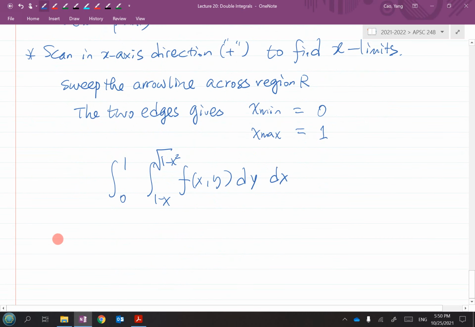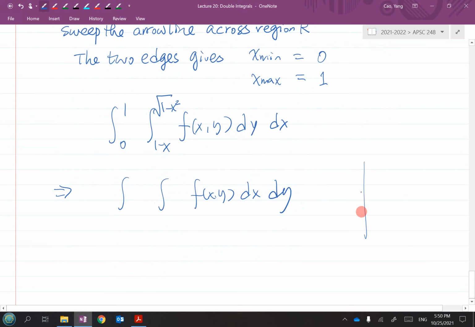I want you to practice yourself: how about if I change the order? What would be the limits if I change the order? So dx first, and then dy next. Same region, okay? Same region. So this time, you scan in the x-axis direction. This is your first contact.